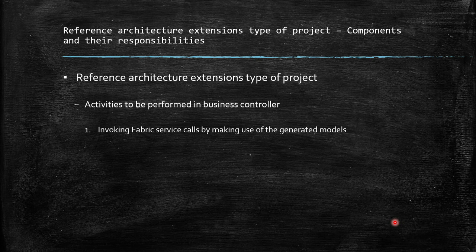Let us look at the activities to be performed as part of the business controller. Business controllers present in the modules of the reference architecture extensions type of project are responsible for interacting with the Fabric layer, basically invoking the Fabric services by using the generated models which represent the object services layer inside Fabric.